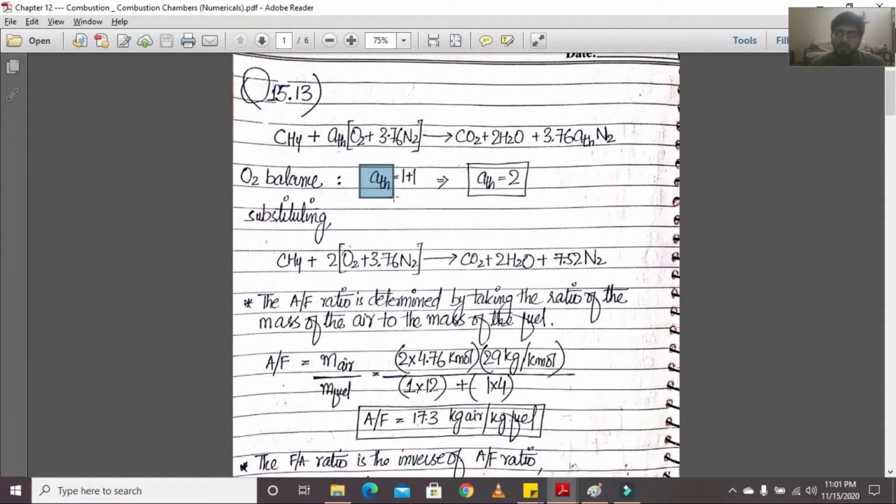This is the theoretical, or you can say the stoichiometric amount of the air which is being utilized for the combustion, as it is mentioned in the question that you have a stoichiometric amount of the air. Now this is all about the left side, that we have only ATH molecules of O2.